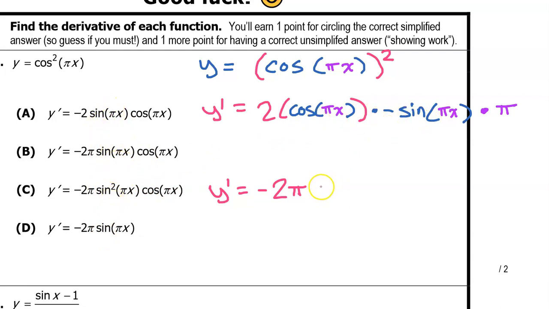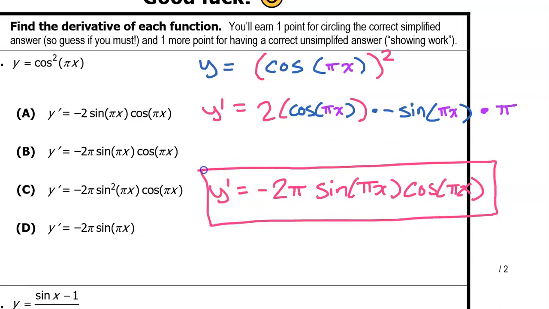So I will do that as well. So we have sine of pi x times cosine of pi x. So this would be our answer, which matches up with option B. So that's the answer.